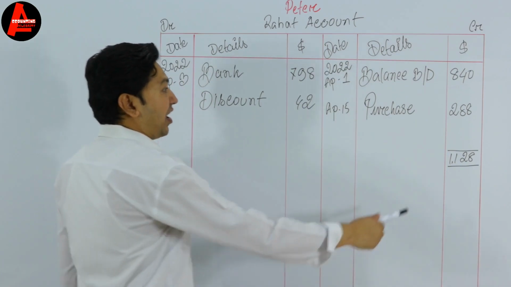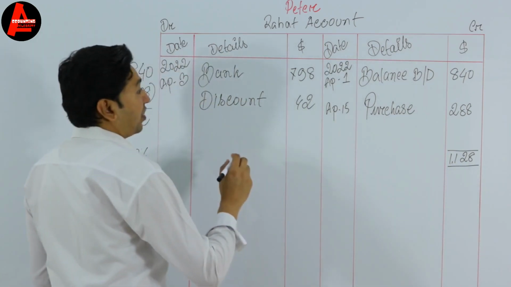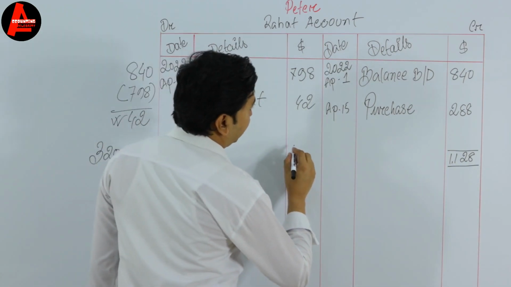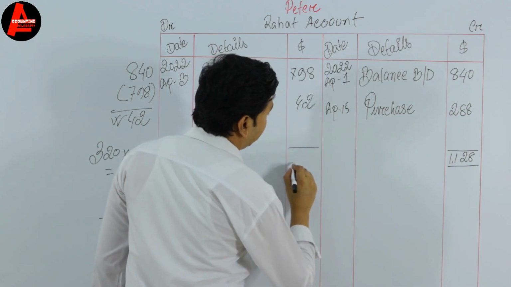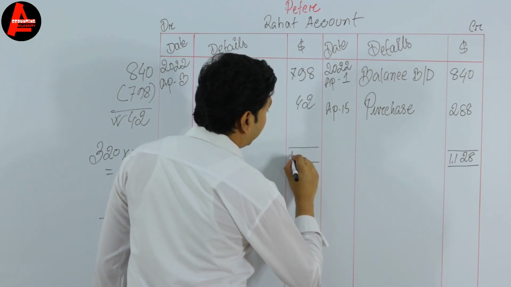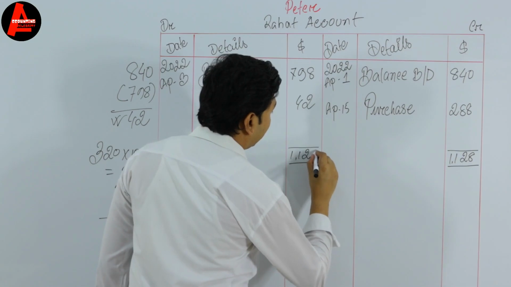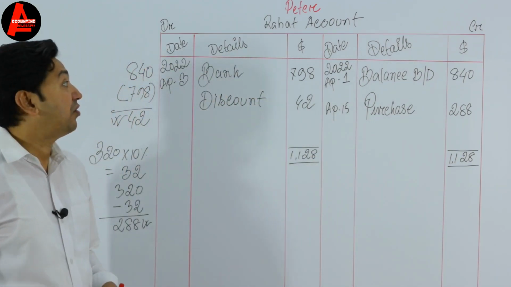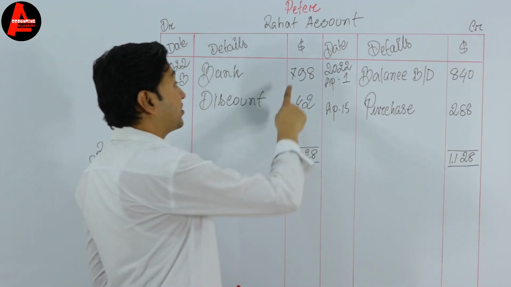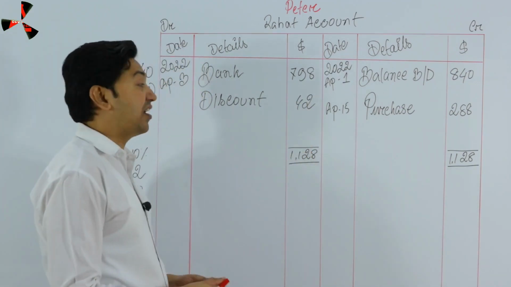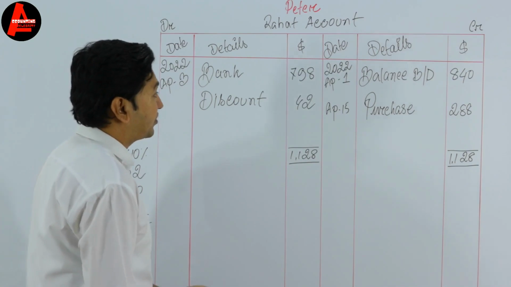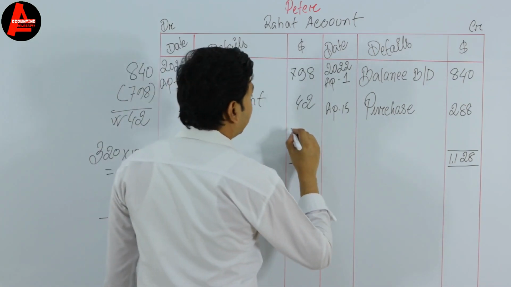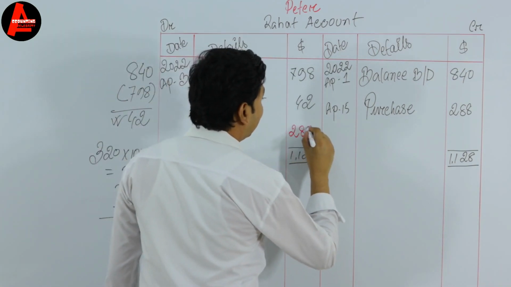Now we will take this amount directly to the opposite column, the debit column. So here we will write the same amount, 1,128. Now we subtract these two amounts from this total. If we subtract, we get $288.